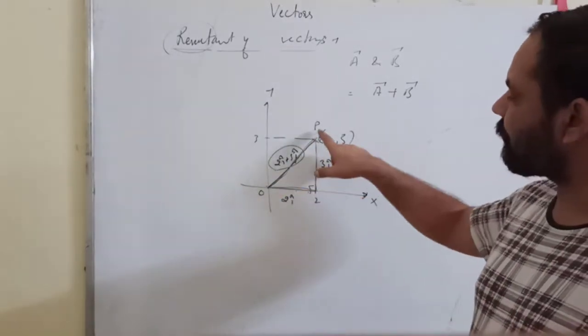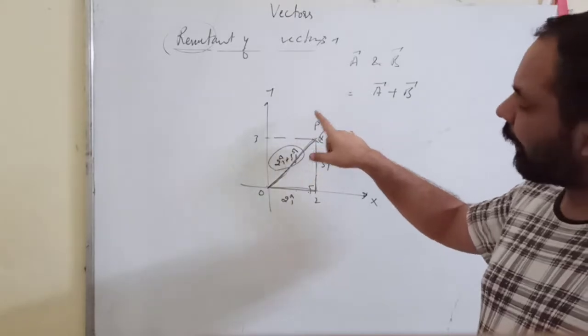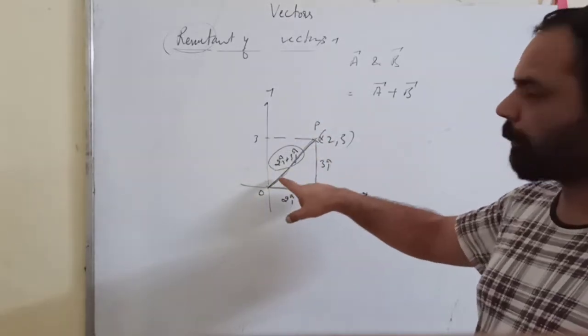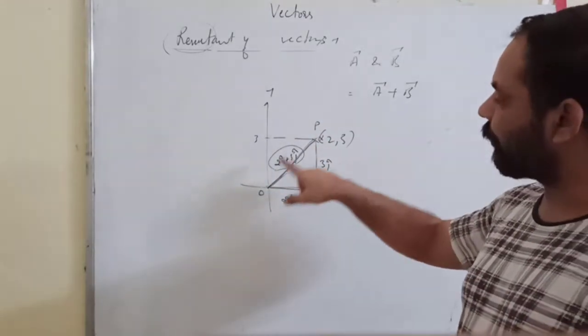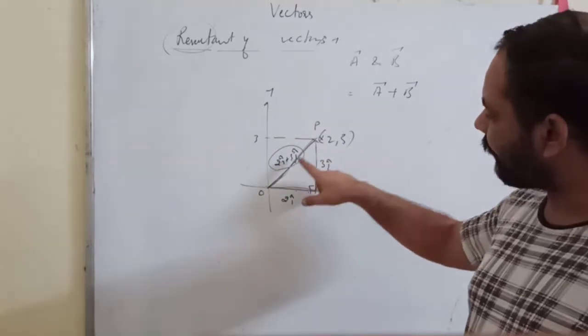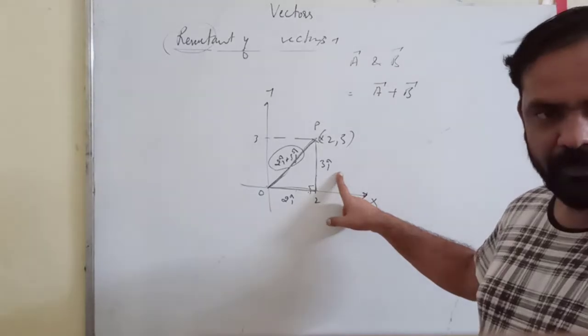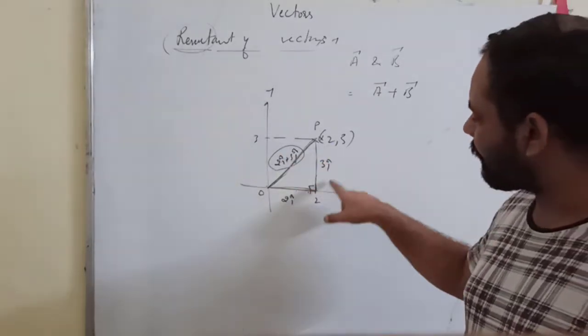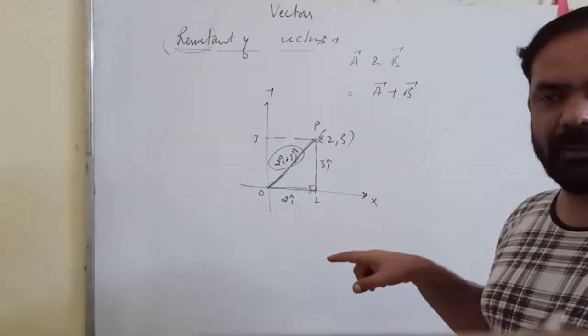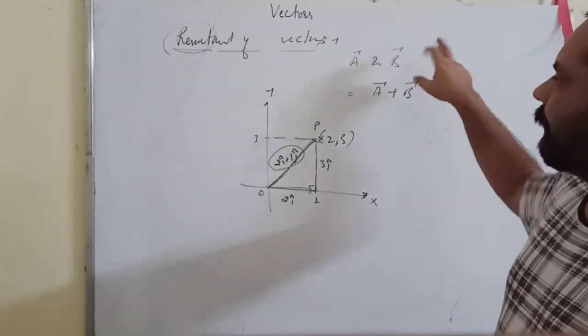The effect is you reached from O to P, right? And simply moving on this vector will produce the same effect. You will reach from O to P again. So this vector is producing the same effect as these two together would have produced. So this is the resultant of these two vectors. Are you getting my point?